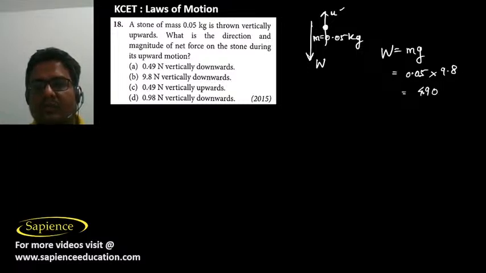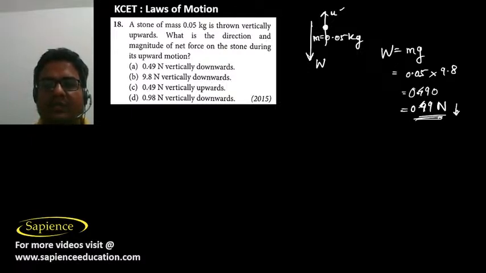So that is 0.49 Newton. 0.49 Newton is the weight or the gravitational force which is acting vertically downwards. So option A is the correct answer.